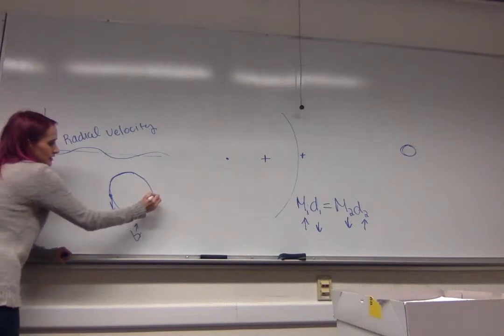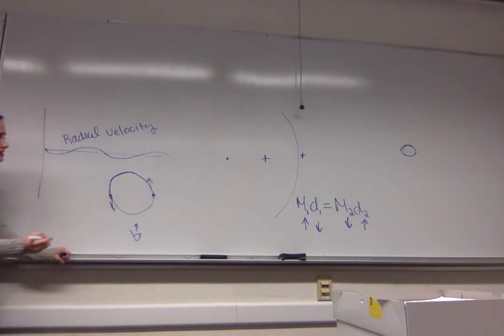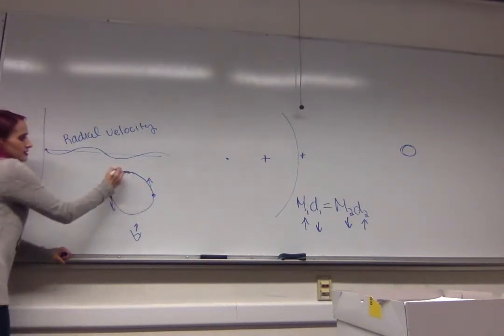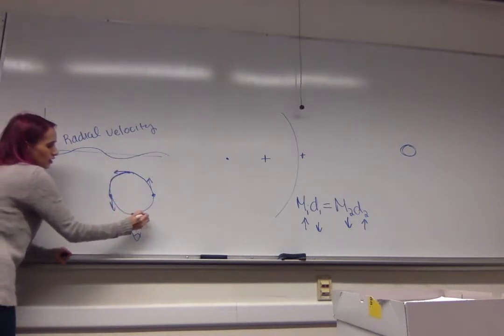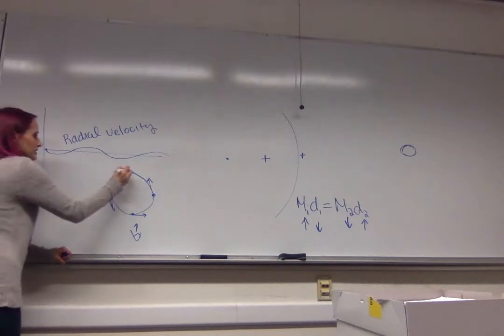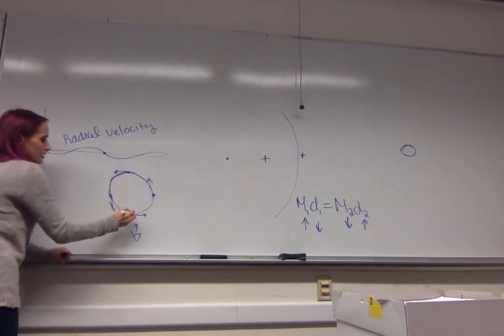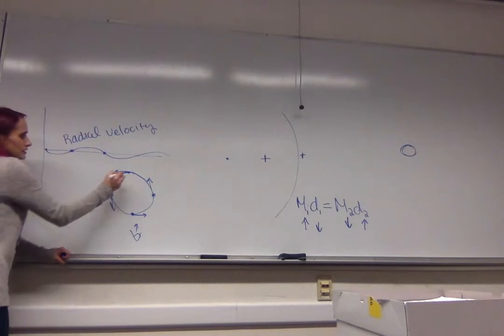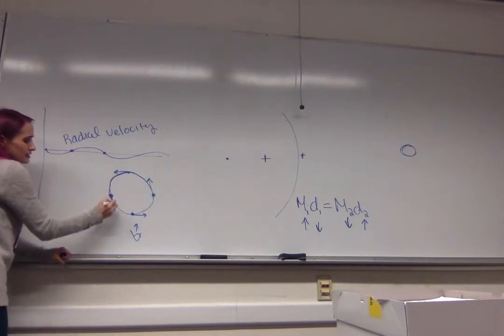When it's right here, it's moving straight away from us. Here, it's not moving at all towards or away from us. So this point is when it's not moving away.